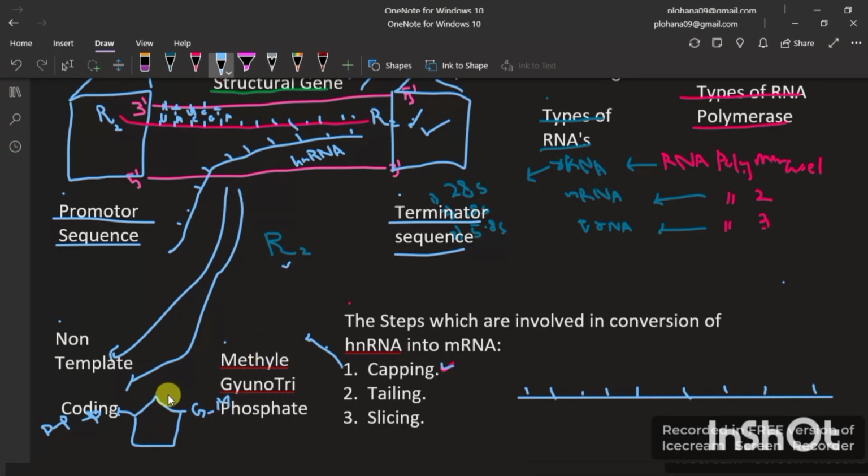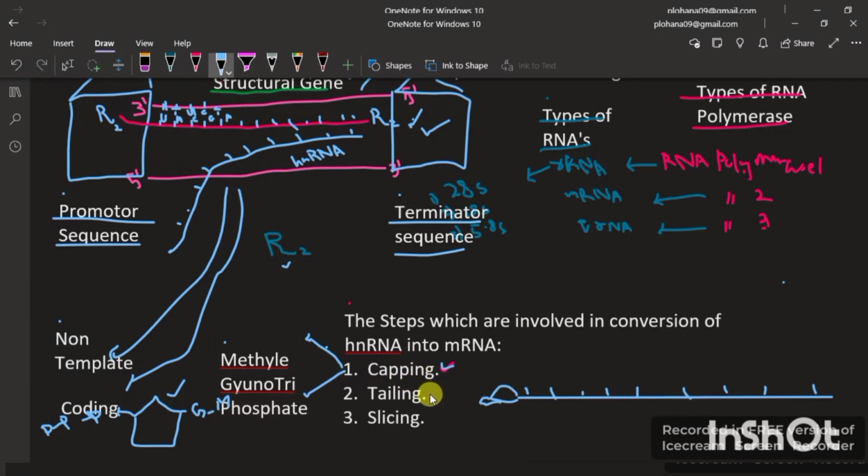So this is basically the structure of methyl guanosine triphosphate. So here I'm just going to make a cap. Basically this is a cap. So capping is done. Capping is done of what? Methyl guanosine triphosphate. This is the methyl guanosine triphosphate cap.